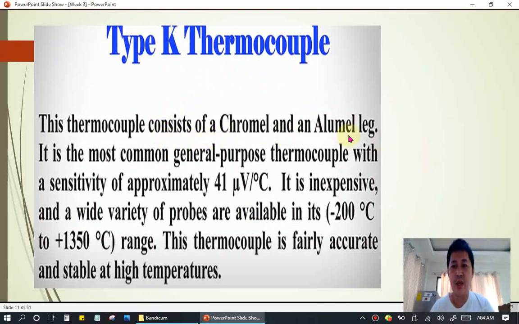So it is the most common general purpose thermocouple with sensitivity of approximately 41 microvolt over degrees Celsius. So it is inexpensive, and a wide variety of probes are available in its minus 200 degrees Celsius to plus 1,350 degrees Celsius range. So this thermocouple is fairly accurate and stable at high temperatures.